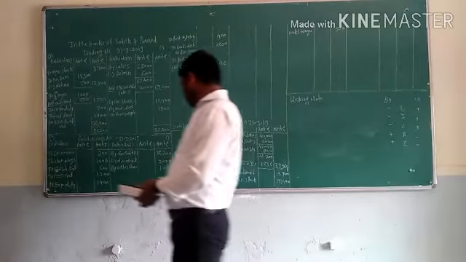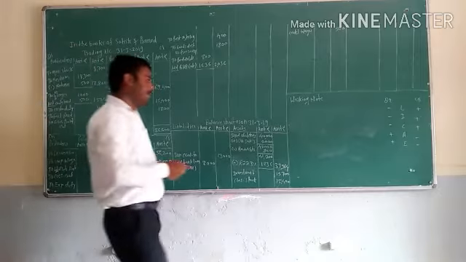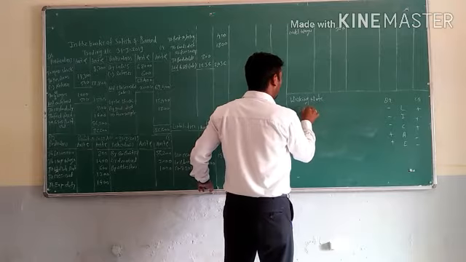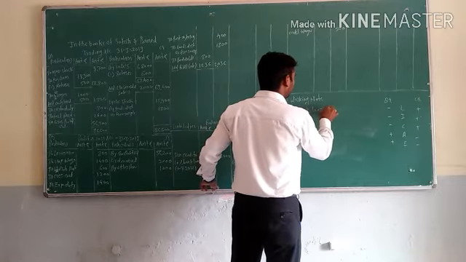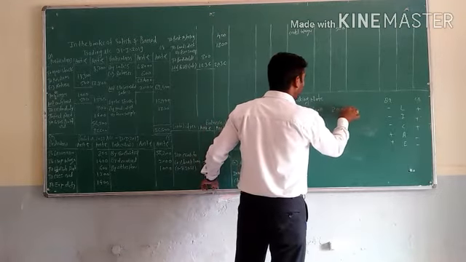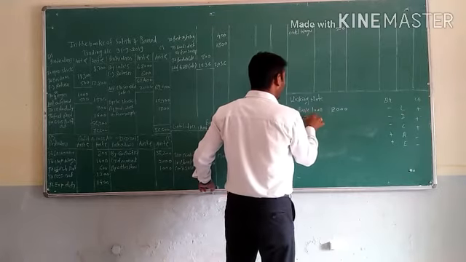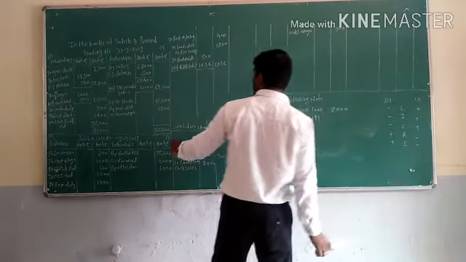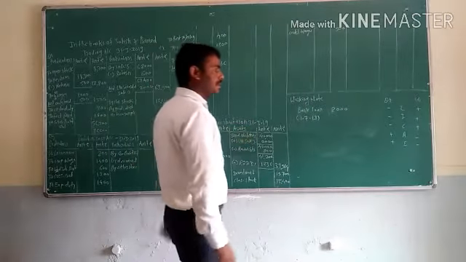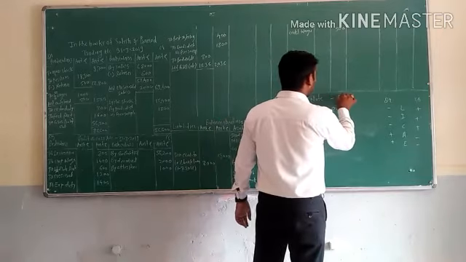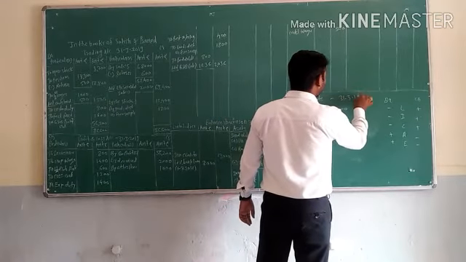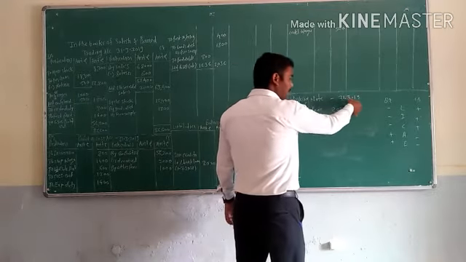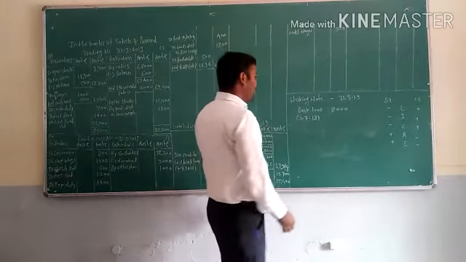How to solve the 10% bank loan? The bank loan amount is 8,000, and the loan was given on 1st July 2018, and the books are closed on 31st March 2019. The period from 1st July to 31st March is 9 months.